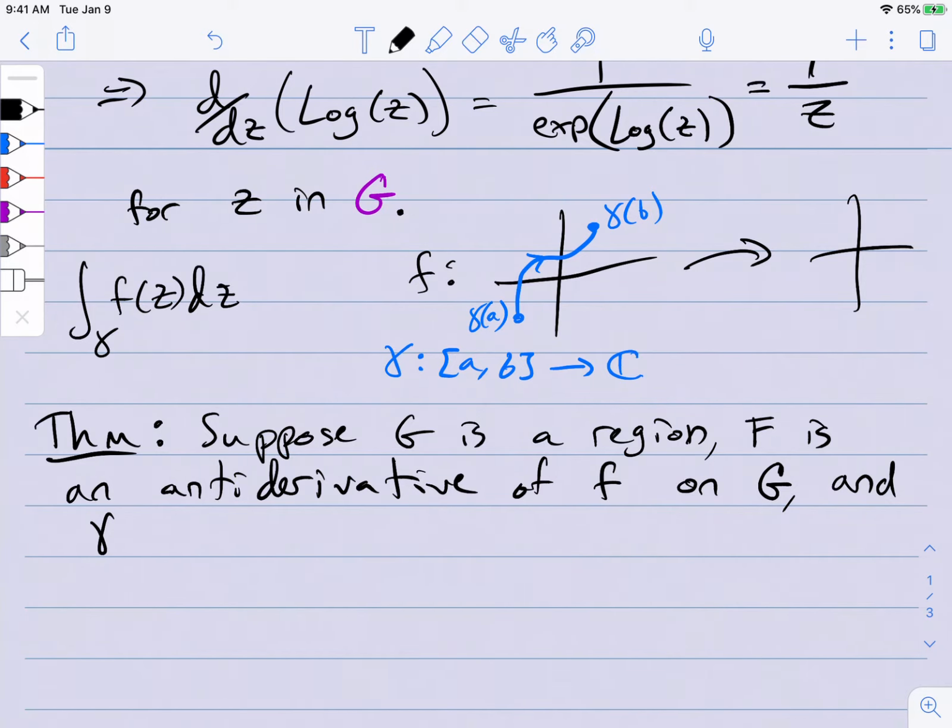So let's say gamma is a smooth path contained in this region.